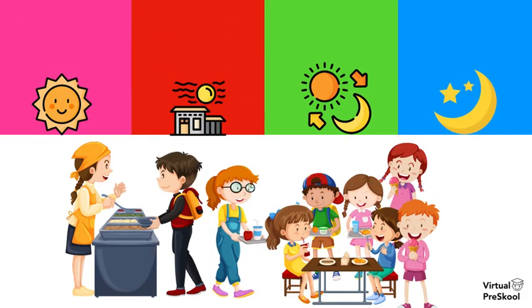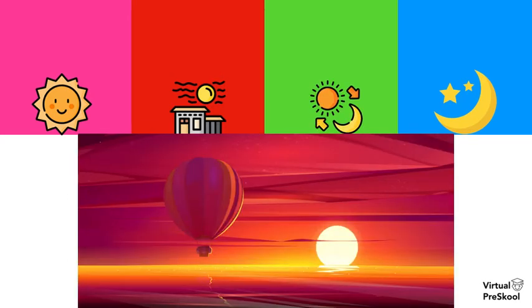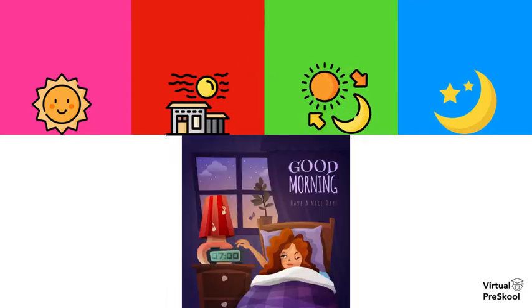Subah mein. And this one, the kids are having lunch at school. Dophir mein. And this one, it's sunset. Sham ko. And this one, now some kids get confused because they see a girl in bed, so it could be morning or night, but it says good morning here.